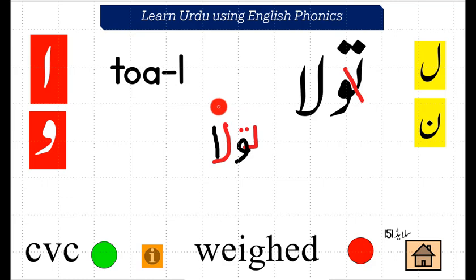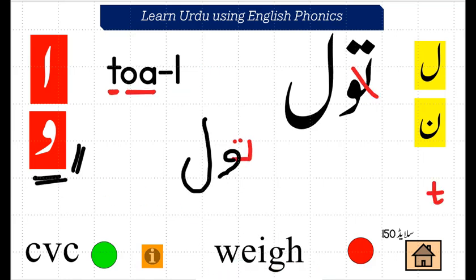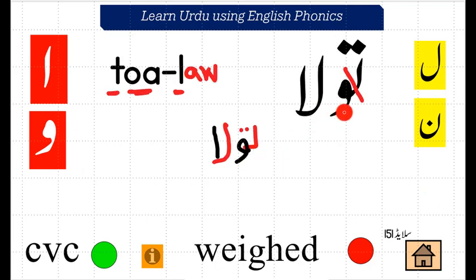So that's how we can read it out, th, o, to, l, and we have a new chord of Allah. That's the missing part of it, tola. Tola, what is tola? Weighed. The tol is weigh, to weigh, and when you weigh something, you say it's been weighed, so that's known as tola.